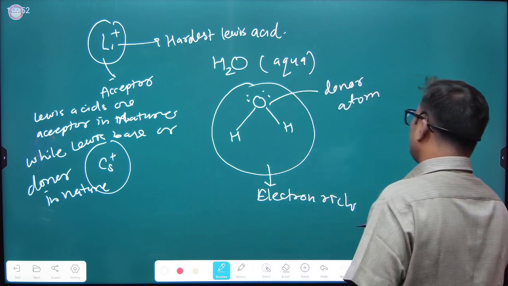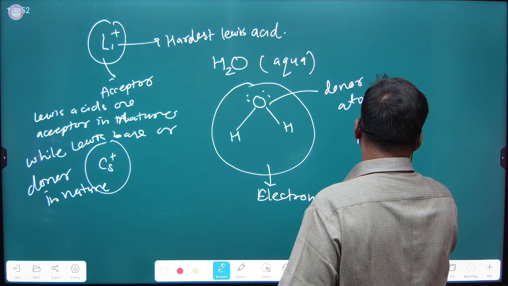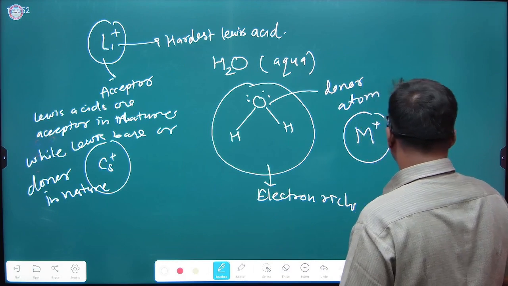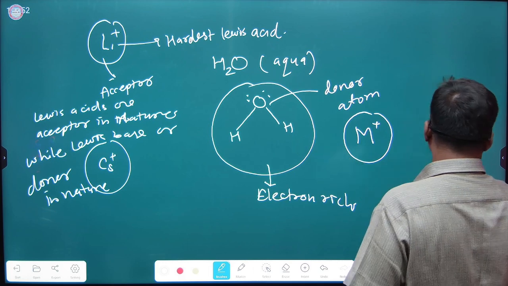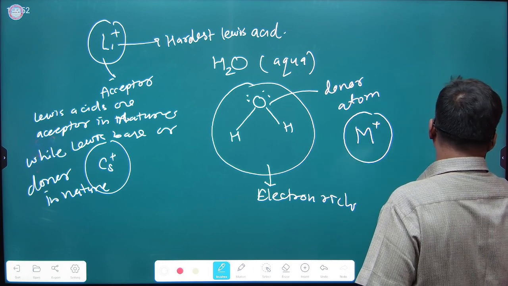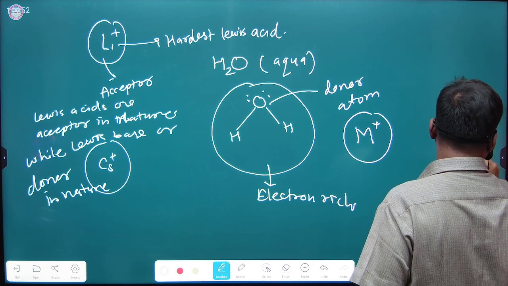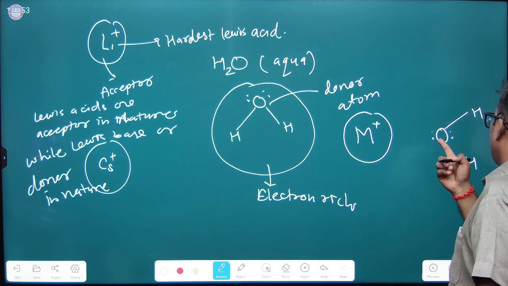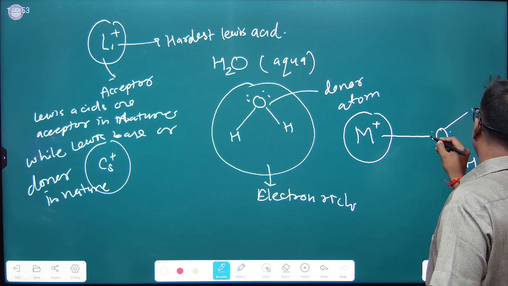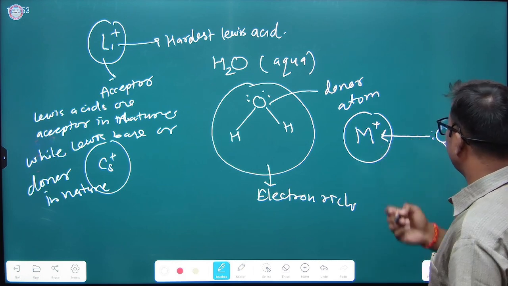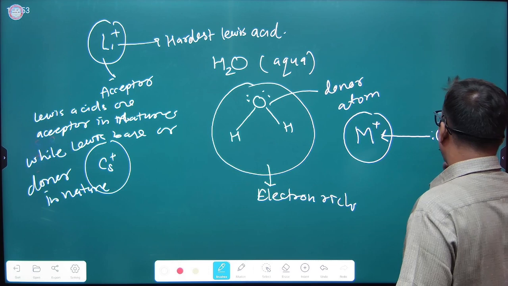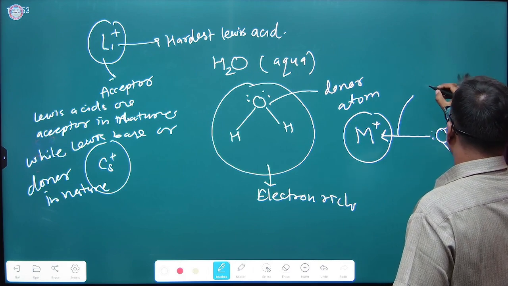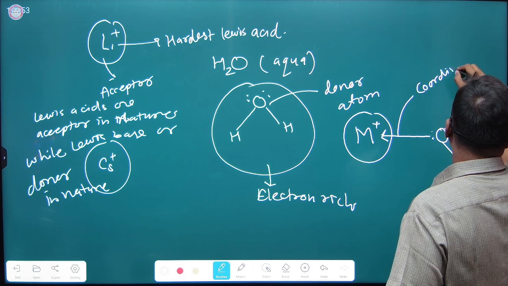If there is a metal cation M in the environment of the ligand, as in the aqueous system, with the structure of H2O and a pair of electrons, this pair of electrons can be donated to the acceptor Lewis acid and form a special type of bond, which is called a coordinate bond.